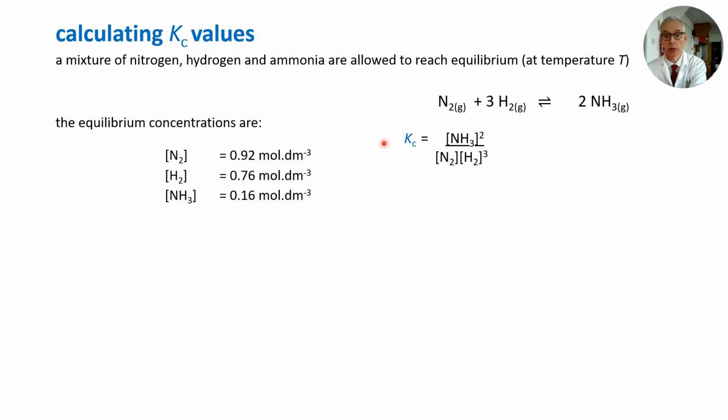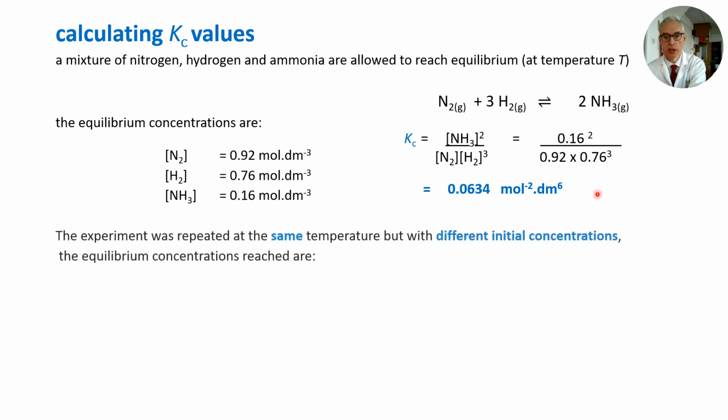We need a Kc expression, which follows the equilibrium law. Right hand side divided by the left hand side. Put in the values, make sure that you've got the right values for the right concentration terms, and solve. 0.0634. So there is our model.